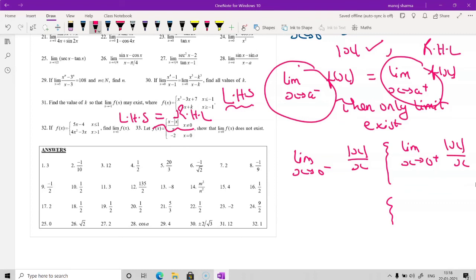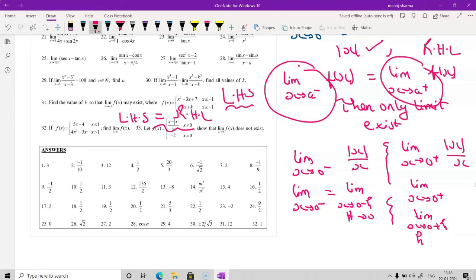Now in this we are going to change something which is new. If we have limit x tends to 0 minus, I am writing it as limit x tends to 0 minus h, where h tends to 0, and similarly here I will be treating 0 plus as limit x tends to 0 plus h, where h also tends to 0.